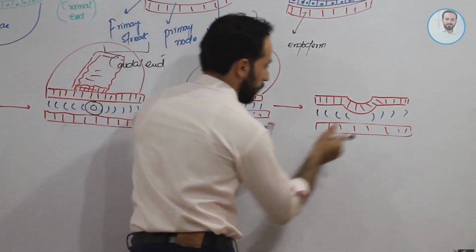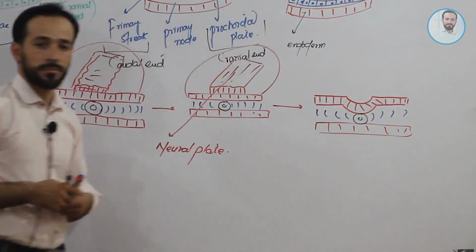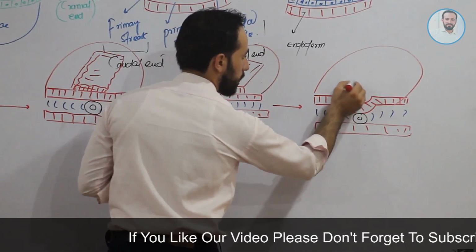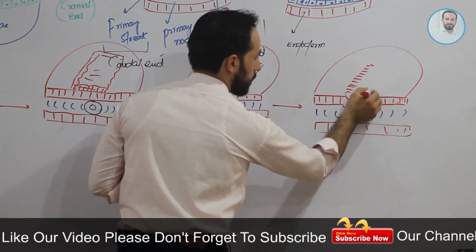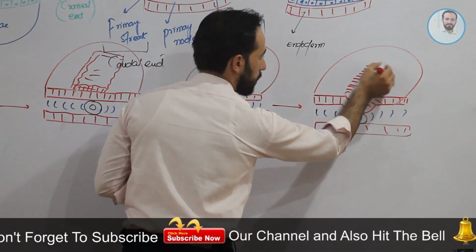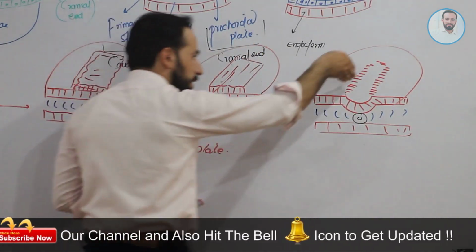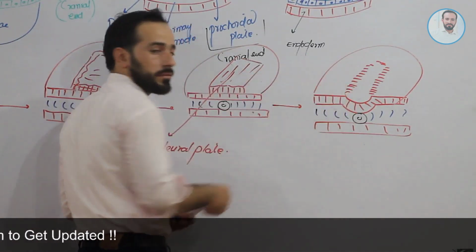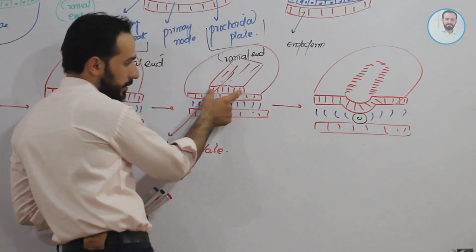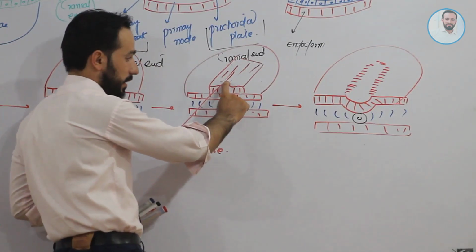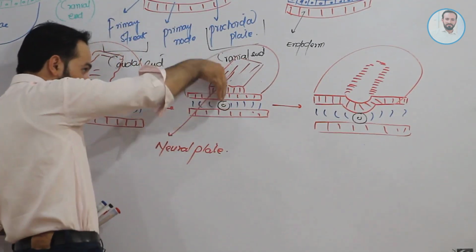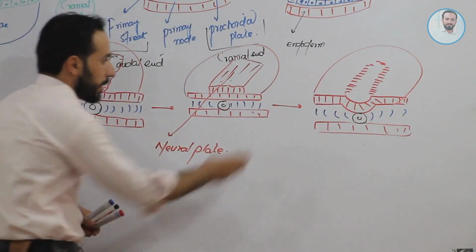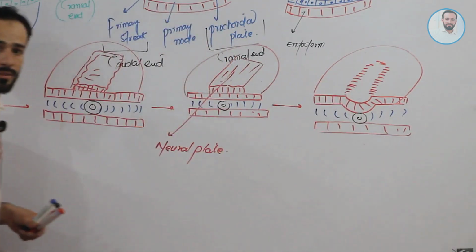Clear? And here is our notochord, friend. What has happened? There is a depression in the center. That thickened layer, the point where the ectoderm had become thickened, has gone down and made a small depression there. And it is like this longitudinally.